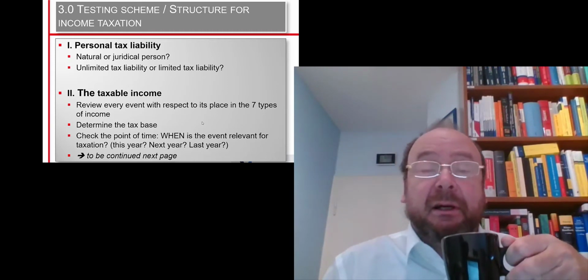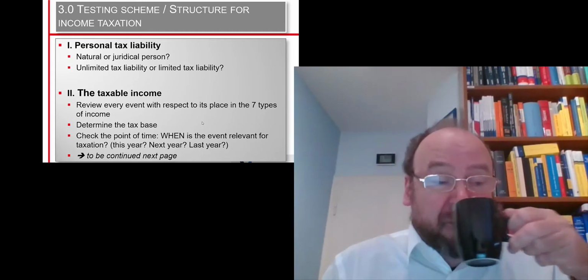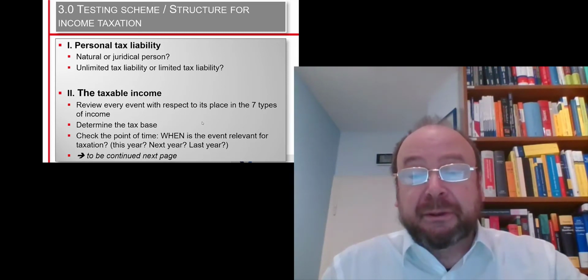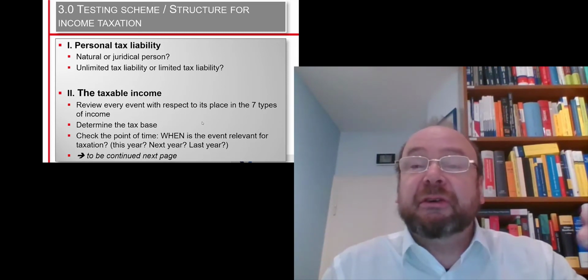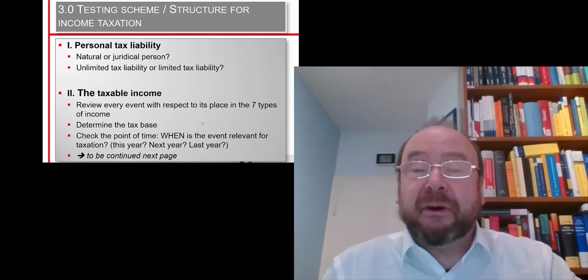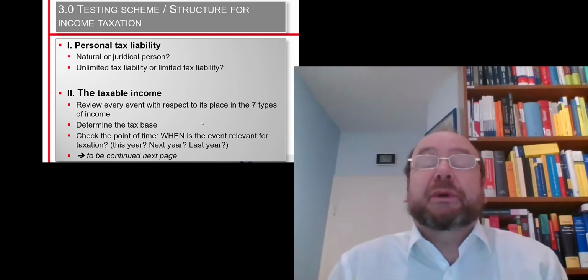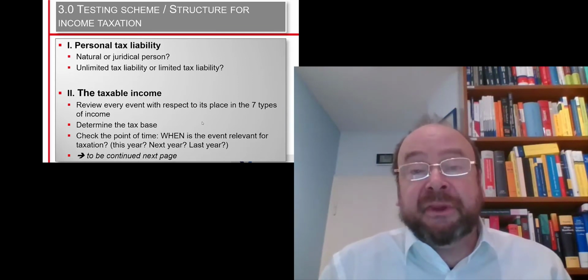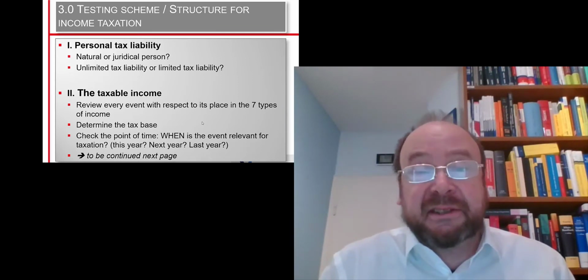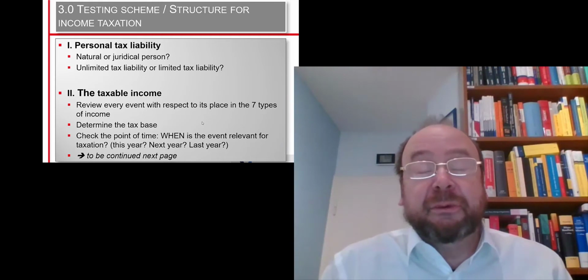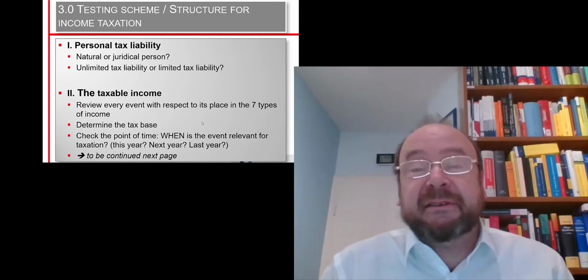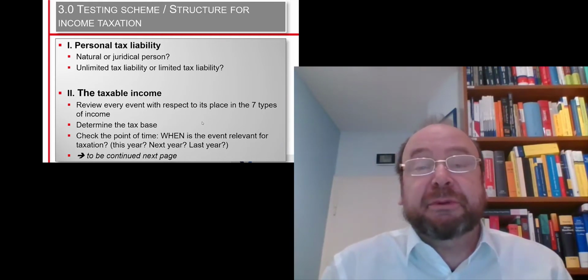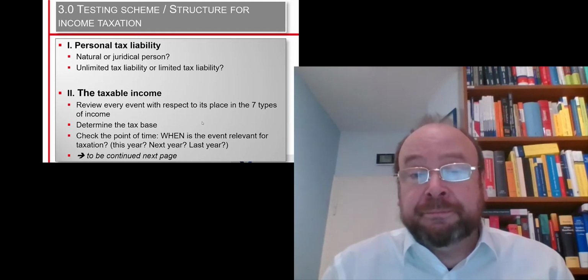But in principle, you would have to find out to which category of income belongs your event, and so which rules apply to that specific case. Then the next thing is, how much is taxable? If you have the rules how a thing has to be assessed, then you can compute what you need.